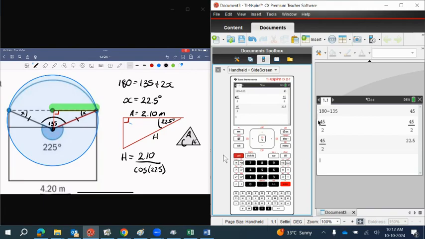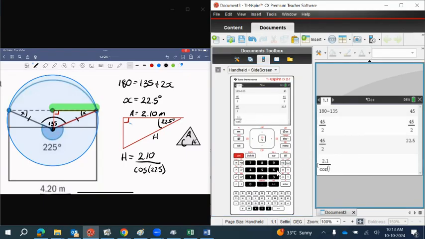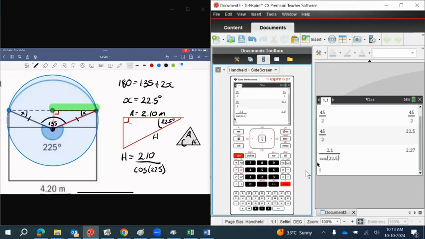Let's try that on the calculator. Control divide. We need 210 divided by cosine of 22.5. Control enter. And this gives us 227 meters.